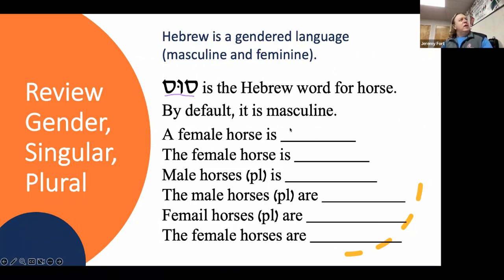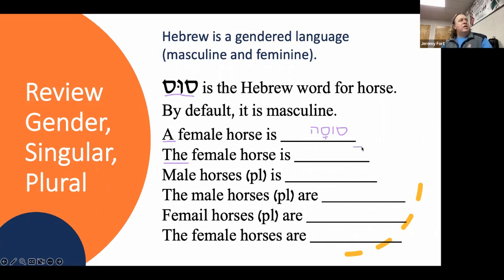So Brent, if I want to say a female horse, what ending would I put on sus? Susah. Susah. That's exactly right. And just so you know, to save a little time, I'm not going to do the vowels until we get to the ending. So susah would be a female, feminine horse, or in this case, a mare. That's our ending for feminine singular. And if I wanted to say the female horse singular, what would I do?